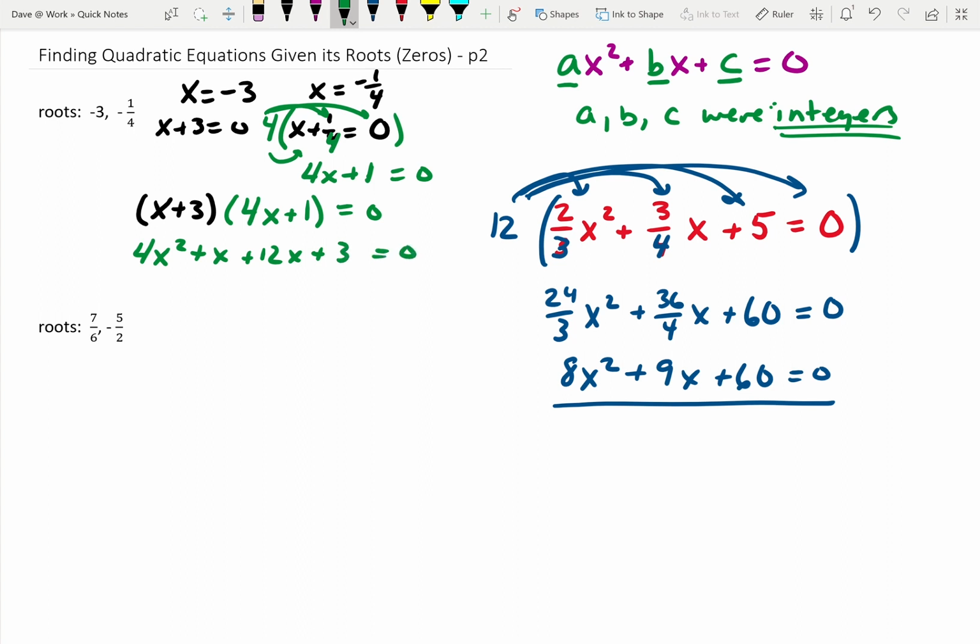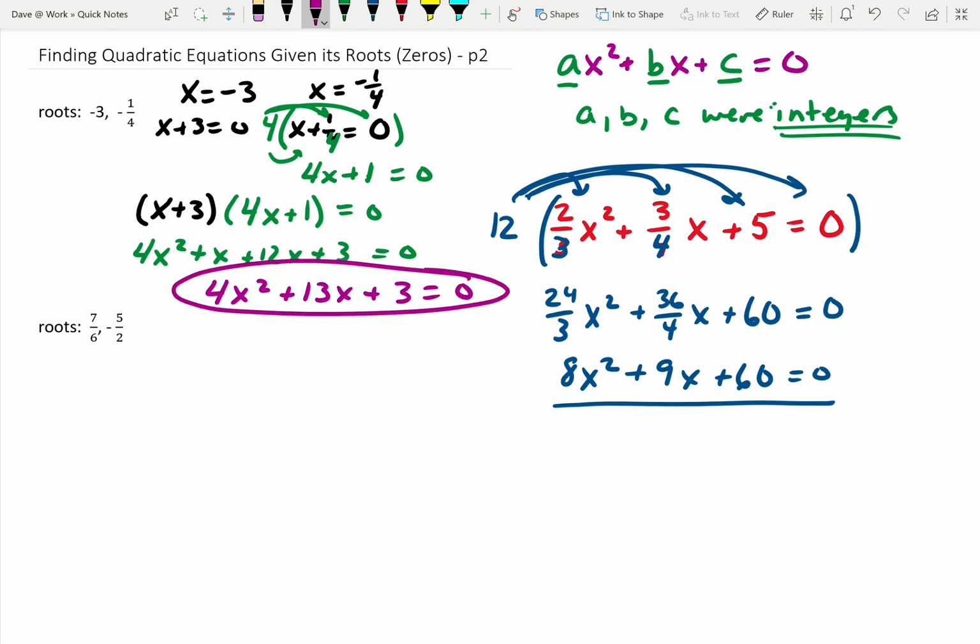And I can come up with the final equation, 4x squared plus 13x plus 3 equal to 0. Not only is it easier to FOIL, but it is also nice and clean, and could be factored again if necessary.